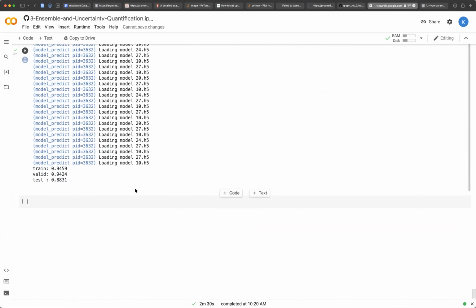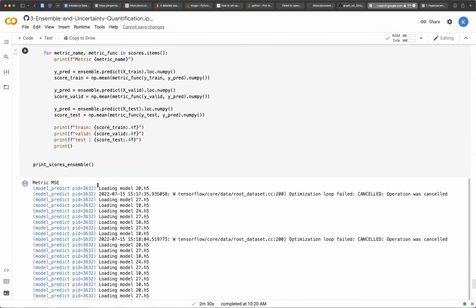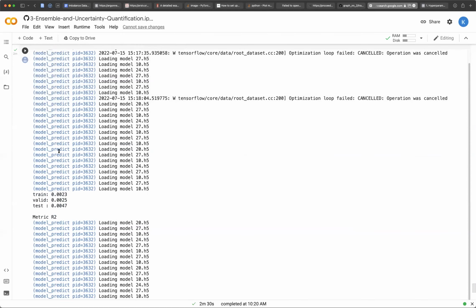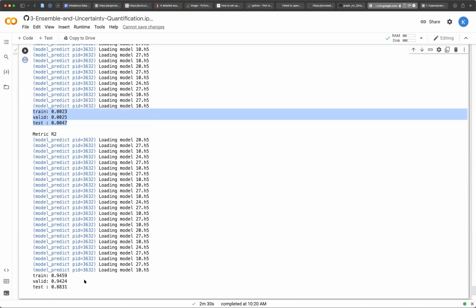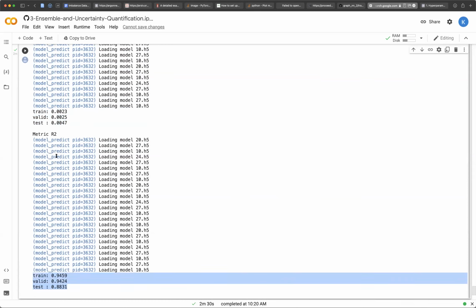Now, when you take the ensemble and evaluate the metric mean square error and the metric R square error, we observe that both of them go down. Now, this went from negative R square values to 0.78 for just the best model, and that went to about 0.88 in terms of the ensemble.